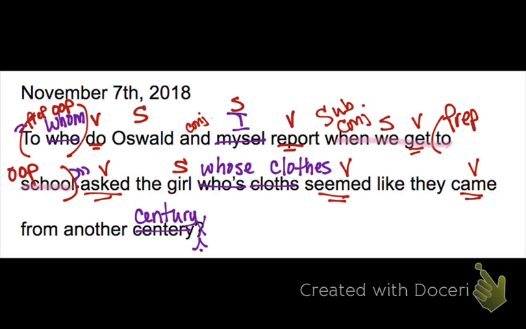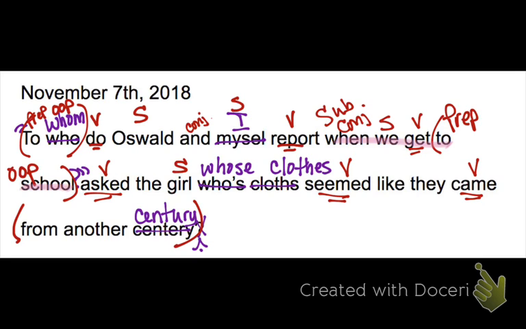Okay. Let's knock out all of the prepositional phrases. Can like be one? No, because you're not going to have a verb within a prepositional phrase. From century. What is from? What is this in the bracket?